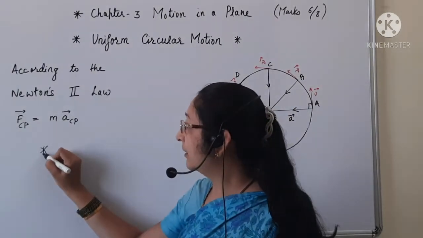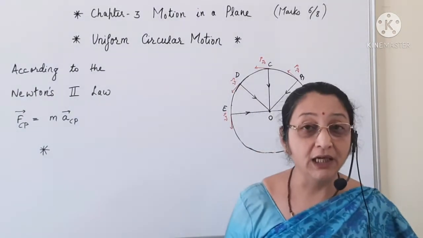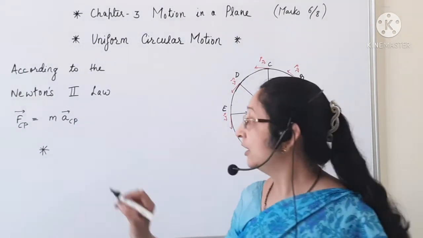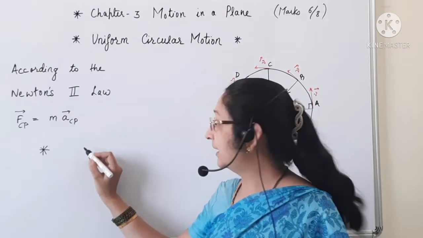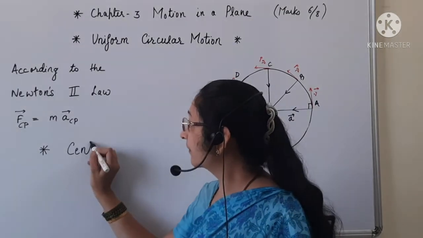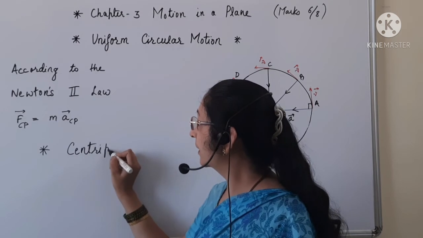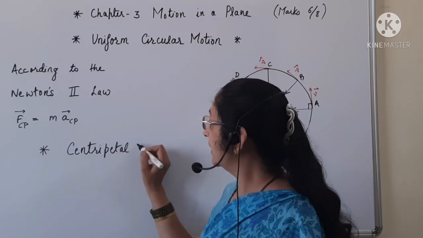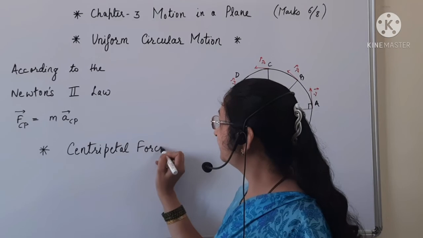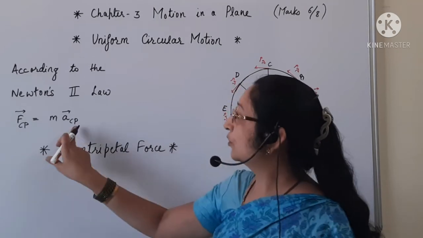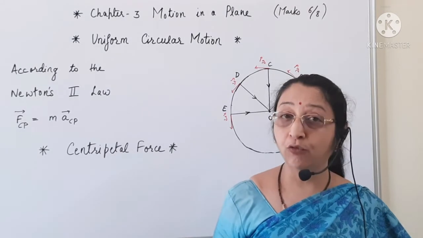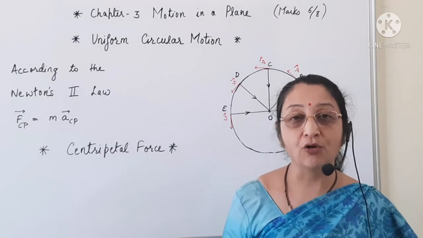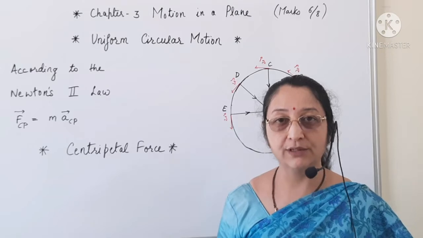So the force acting on a particle moving in uniform circular motion is the centripetal force.